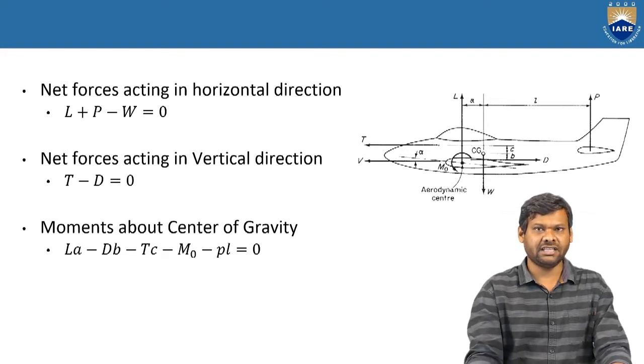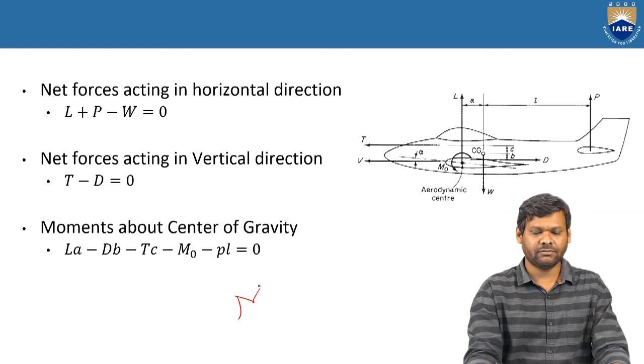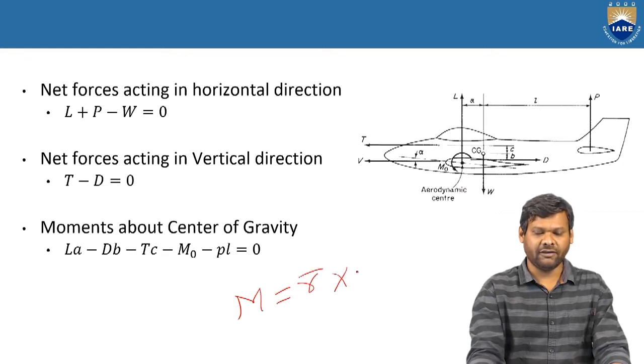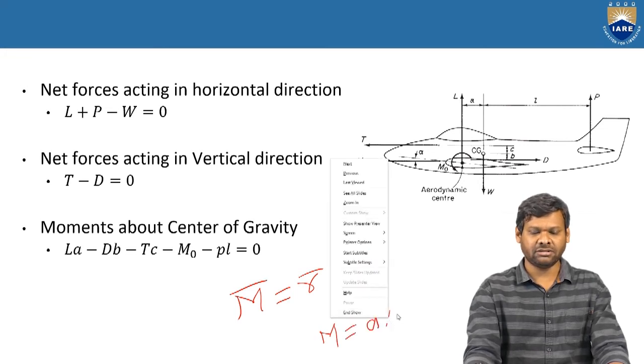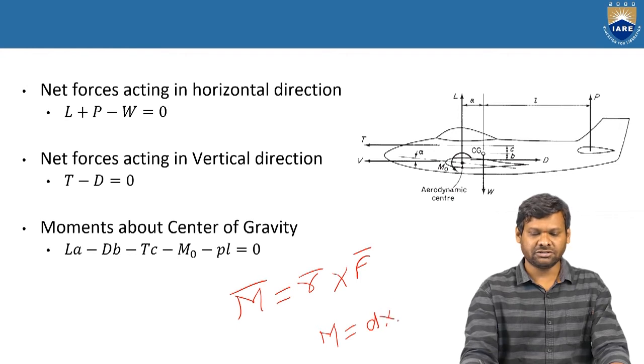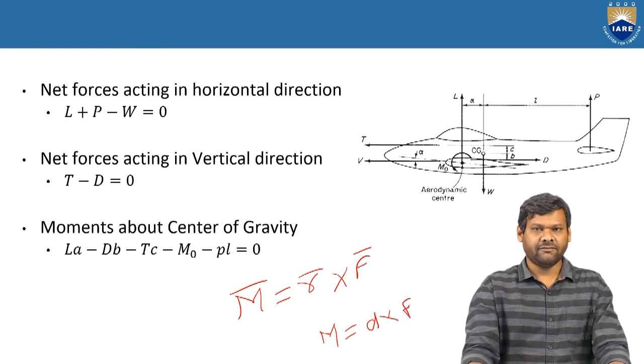And what we know is that the moment M equals R cross F. This is in vector form. Simply, I can say that moment M can be written as the distance D into some force F. First, we need to identify the force, and then we need to identify the distance.